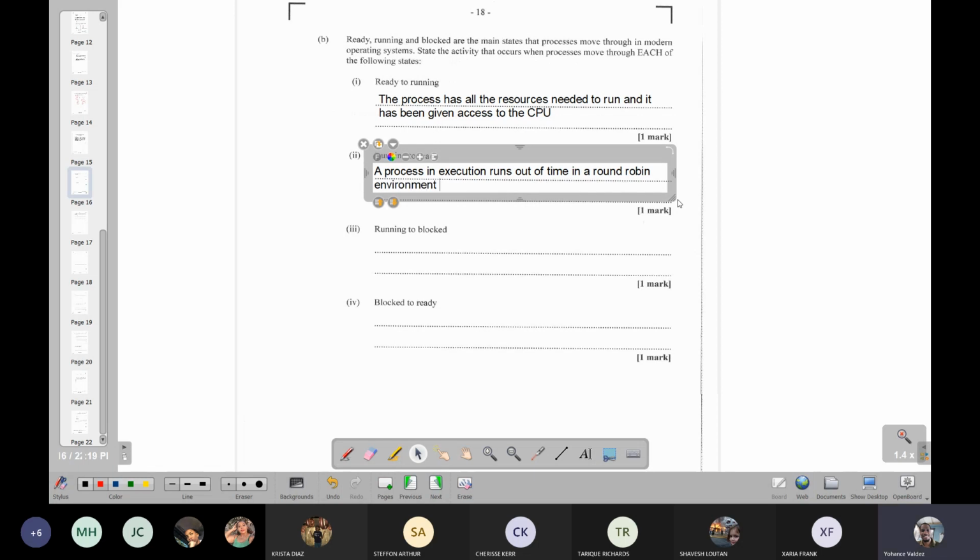A process in execution runs out of time in a round robin environment, or an interrupt stops the currently running process.